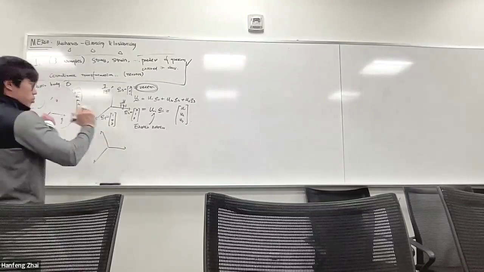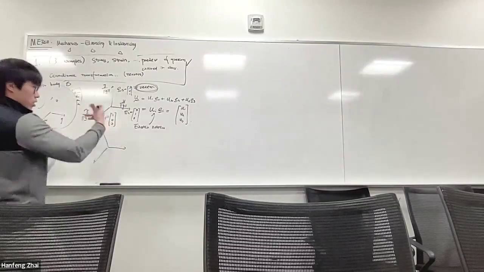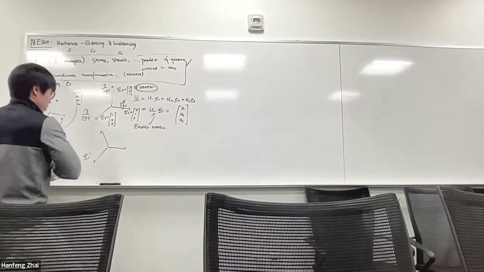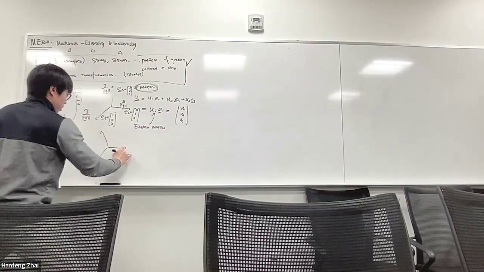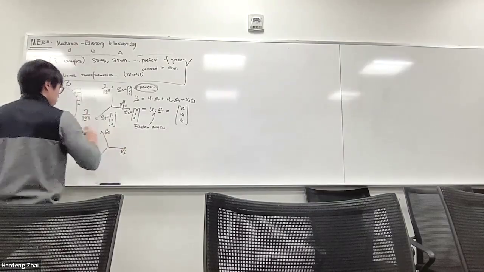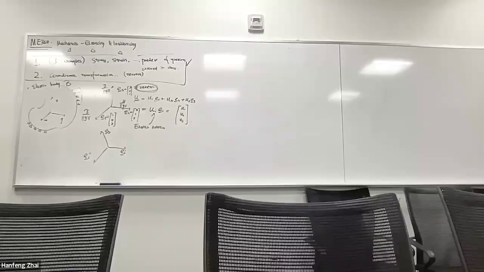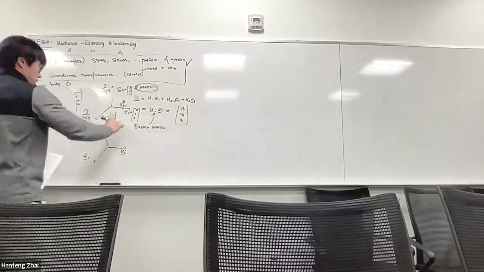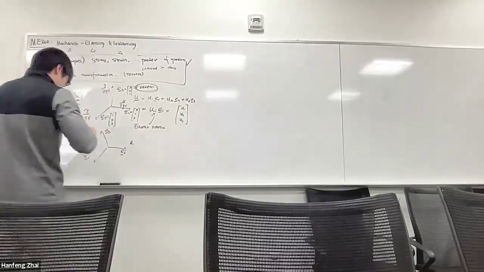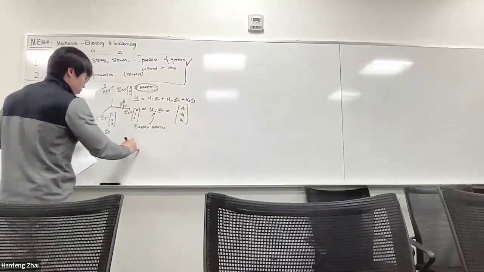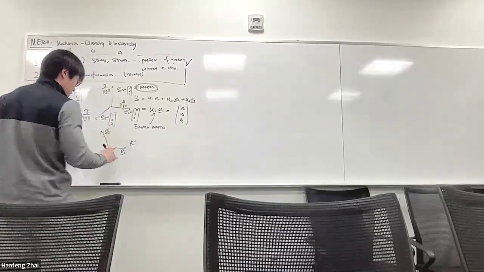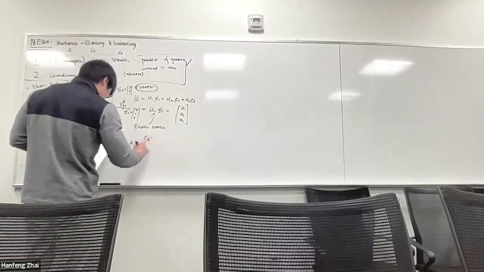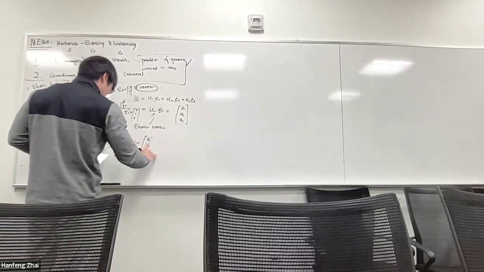And we have 3 new unit vectors to represent the rotated coordinate system, called E1 prime, as previously defined, and E2 prime, and E3 prime. So under this new coordinate system, the displacement vector can be represented in this coordinate system as U1 prime, U2 prime, U3 prime.